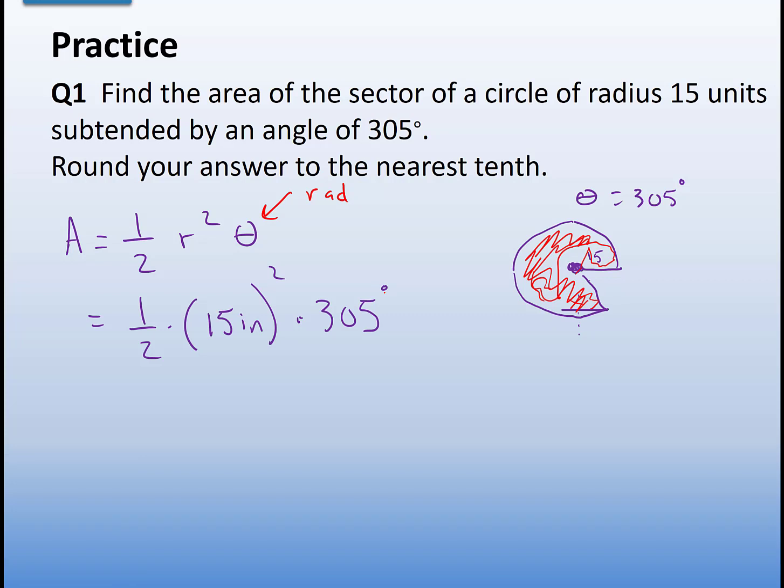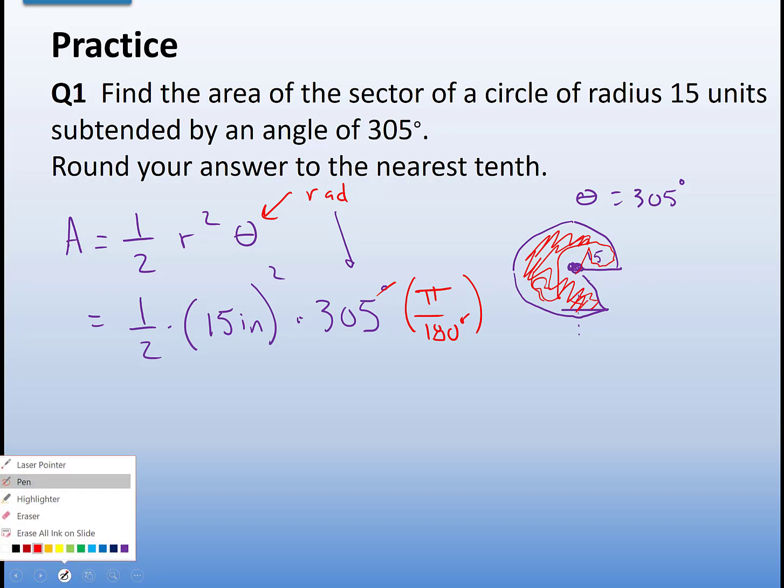But I could change this into radians if I multiply it by the conversion unit that we were studying about earlier. Pi over 180 degrees. So the degrees cancel, and now I don't have degrees anymore. Now I have radians. And now I have a pretty massive multiplication to do. So if we start multiplying, I'm going to throw a 1 under here. And so we'll have to square that.